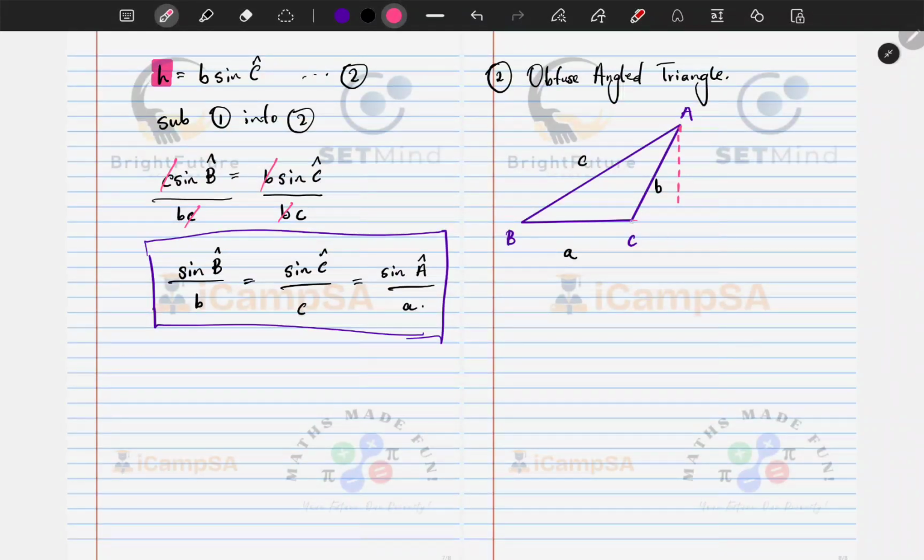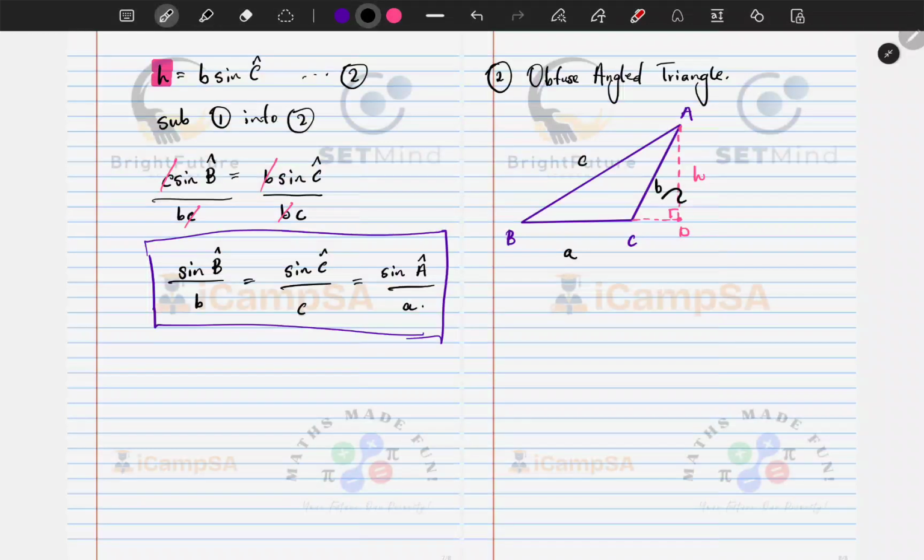Let's just make it neat. And then this is going to be 90 degrees. And then now this is D, and then H. Great. So now I have two right angled triangles.